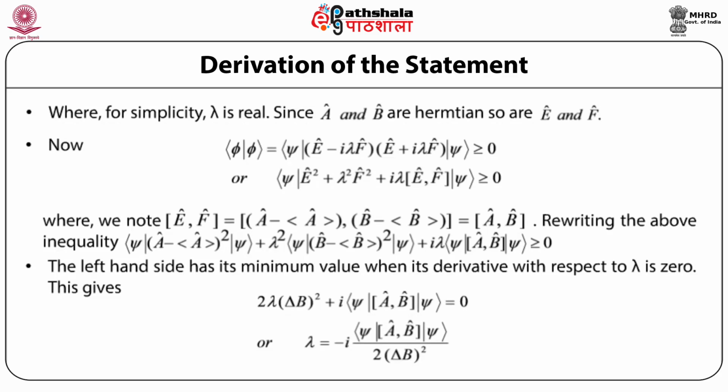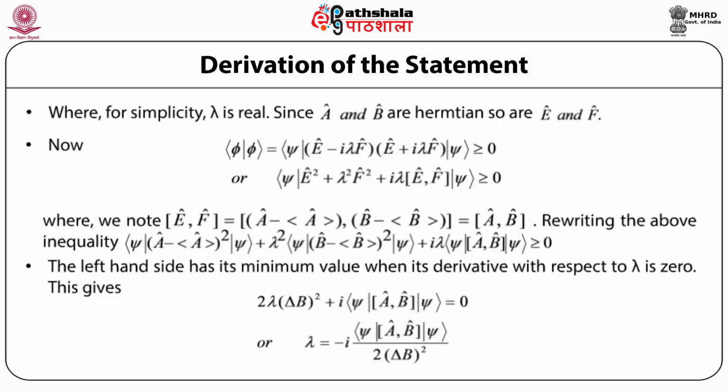So as we have defined earlier, the state phi is defined as bracket open operator E plus iota times lambda times operator F bracket close times state psi, where for simplicity let us assume that lambda is real.